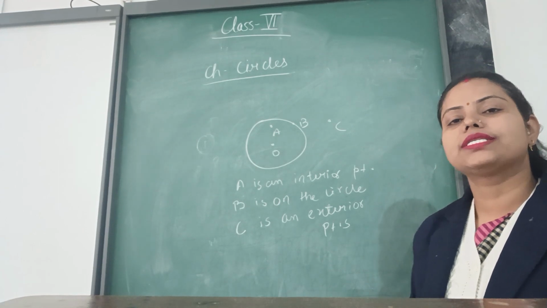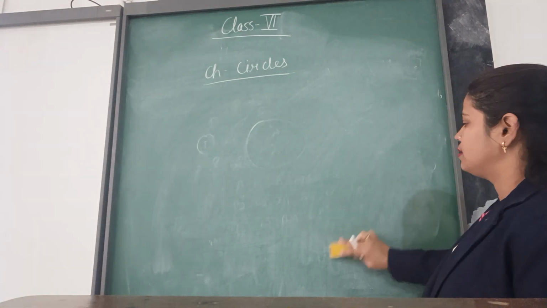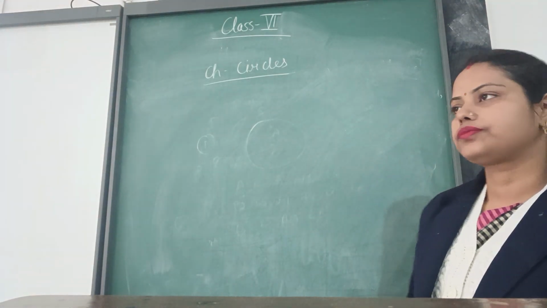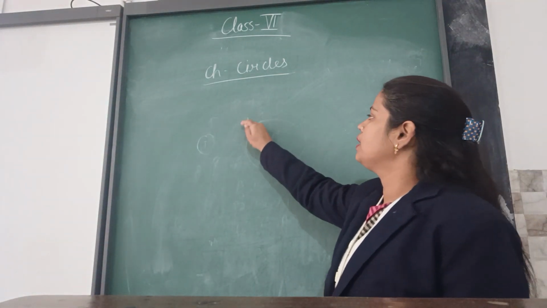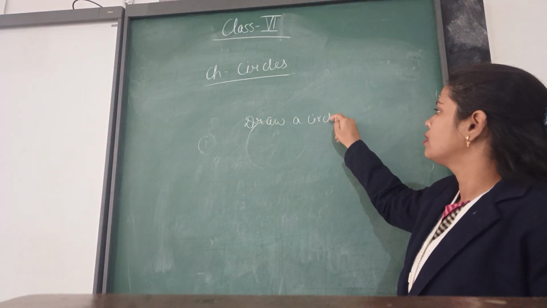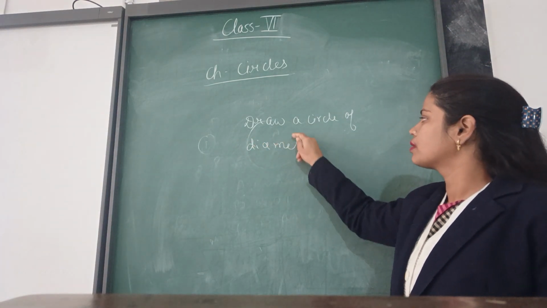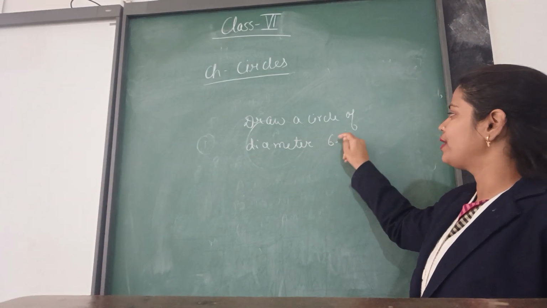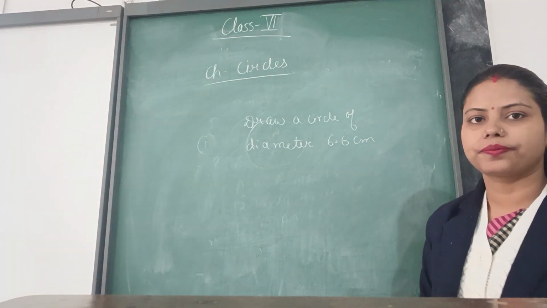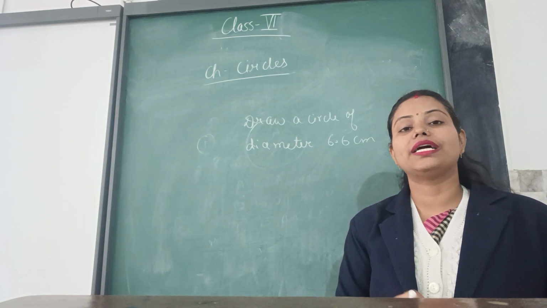Now let us move to the next kind of question where you have to construct a circle. The question would be, draw a circle of diameter 6.6 centimeter. So here you have to use the first formula that I have given.